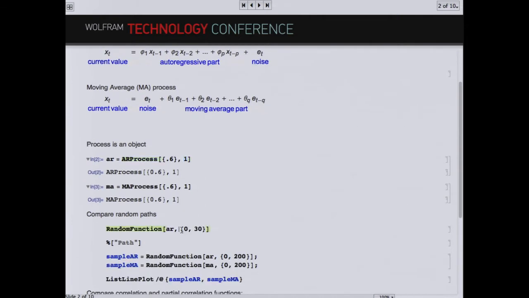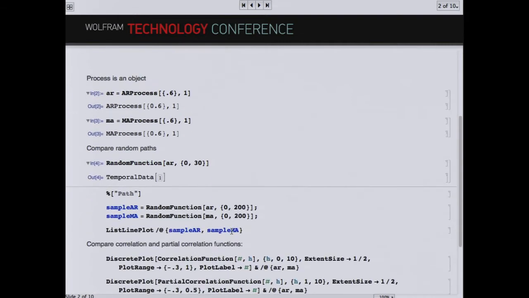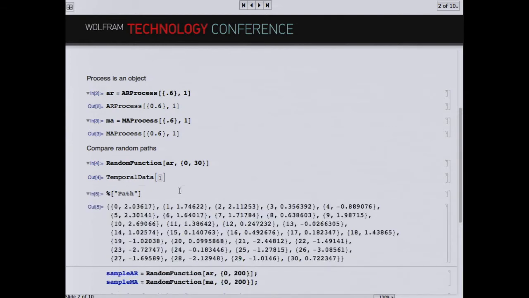So what we can do is generate a random function. I want to simulate the object that the random function returns as temporal data, and the small 1 in the brackets tells me how many paths we have in this object. If I apply the property path to this, we can list exactly what's generated.